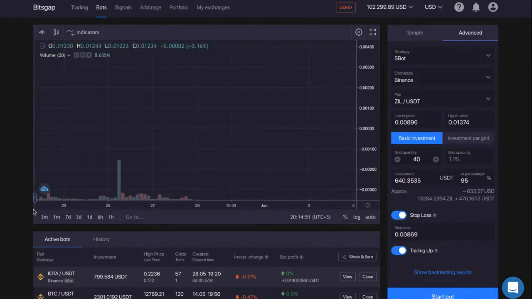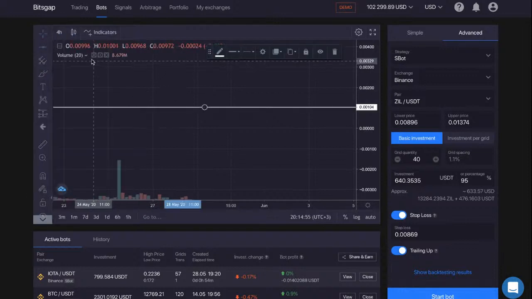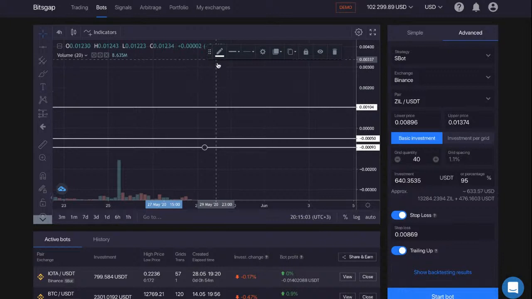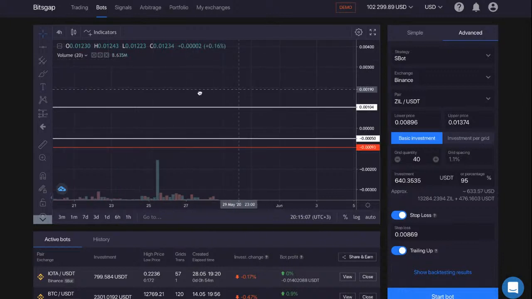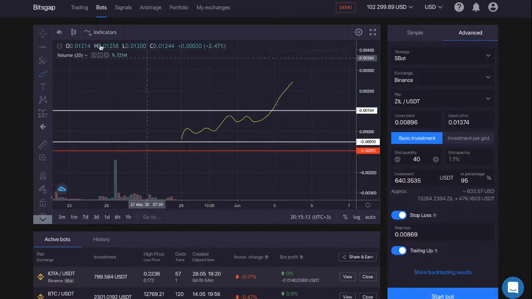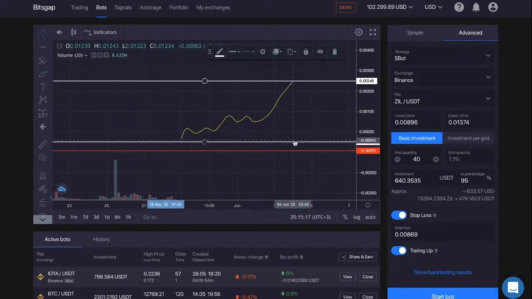So let's assume that you have a trading range over here and you have a stop loss right below the bottom limit price, and let's make it red. As the price is moving upwards, so does the trading range, and so does the stop loss.